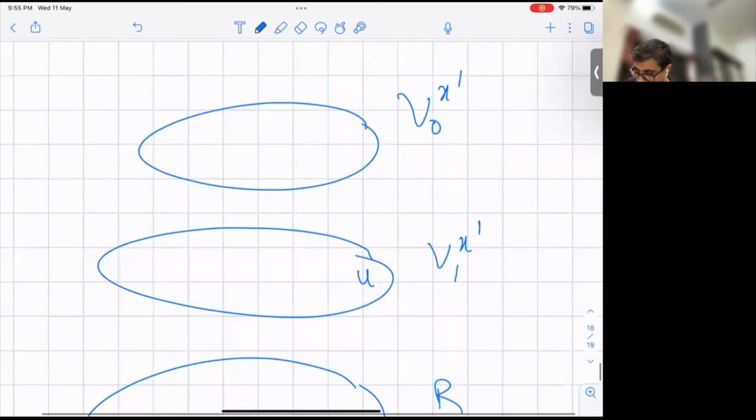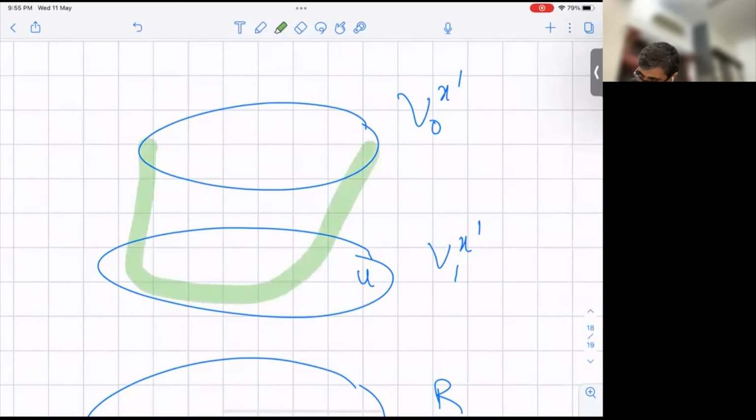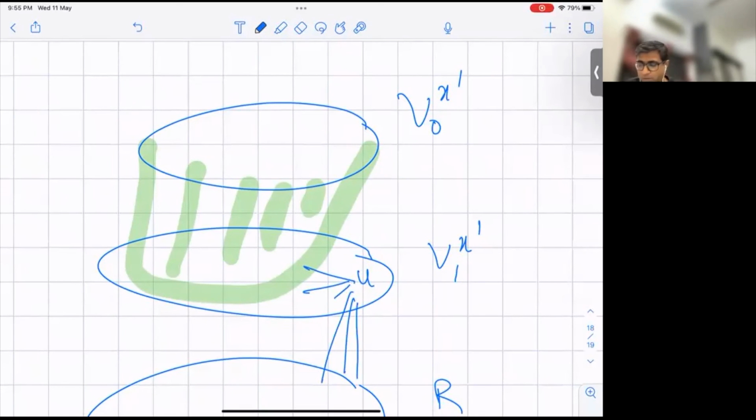Now look at the neighborhood of this guy. So this is your neighborhood. What is the property of U? All its neighbors are either here or here. It does not have a neighbor in V0 of X prime, because otherwise there's nothing to show, as we have already shown that U belongs to the neighborhood of Z.